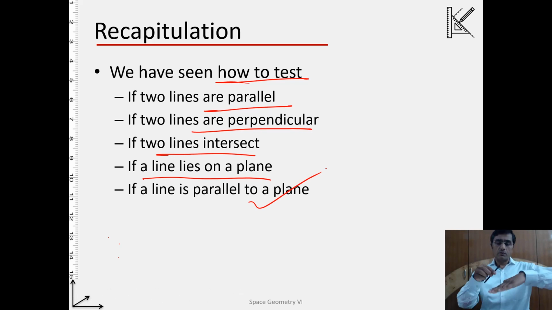One way: if there is a plane and a line here, whether they are parallel or not, I can do the edge view of the plane as well as the normal view of the line. In that case, if these two are parallel, I will say, yes, the line is parallel to the plane. Similarly, there is another way of doing it, and we saw a method for that.